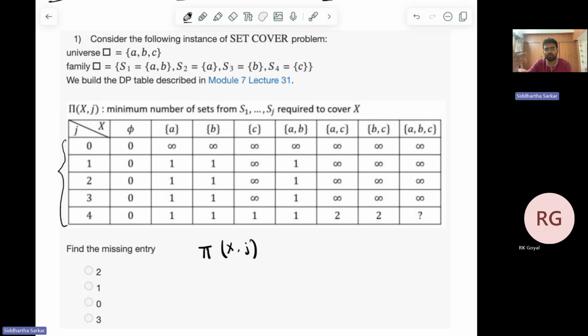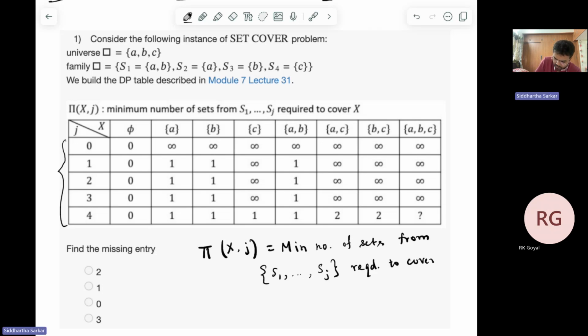It is the minimum number of sets, from the sets you are allowed to take, only sets till Sj, from S1 through Sj, required to cover X. So what is X?